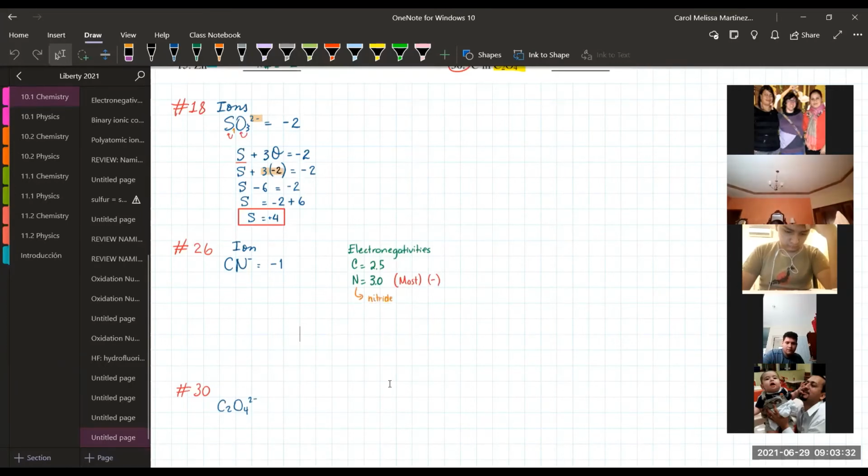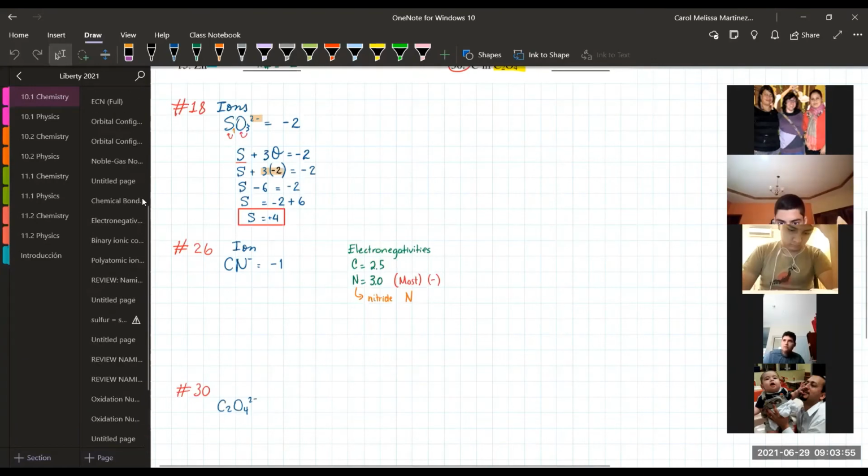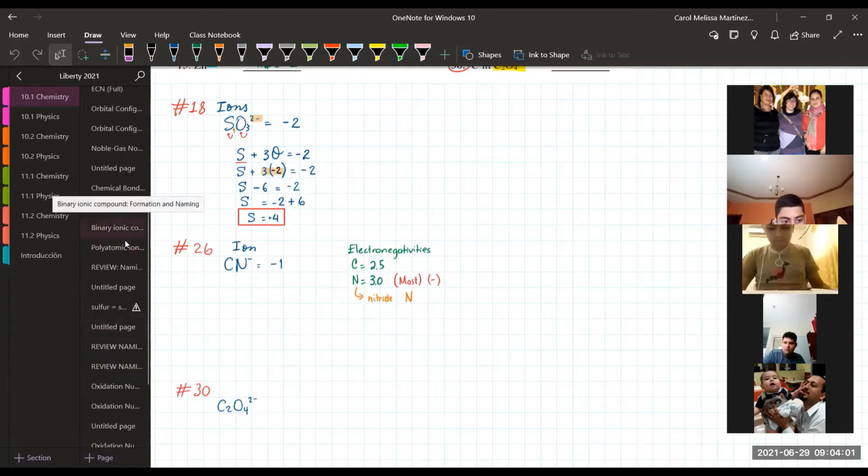Do you remember what is the charge of the nitride ion? -3.